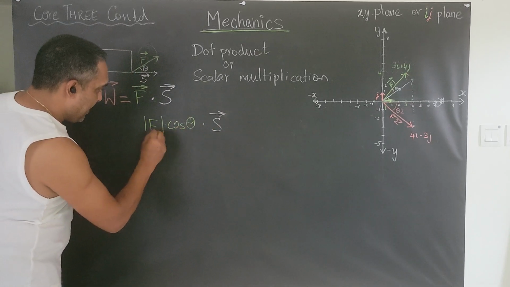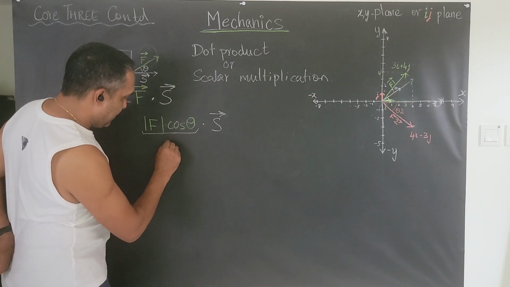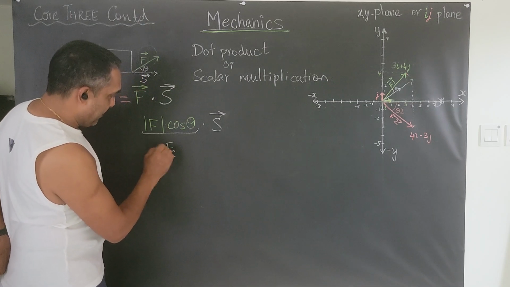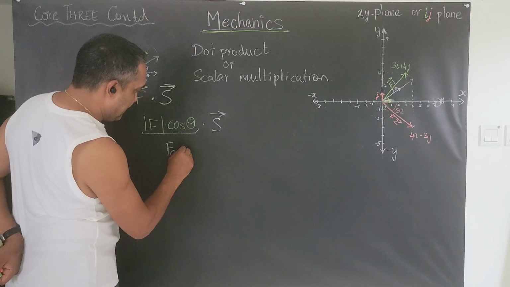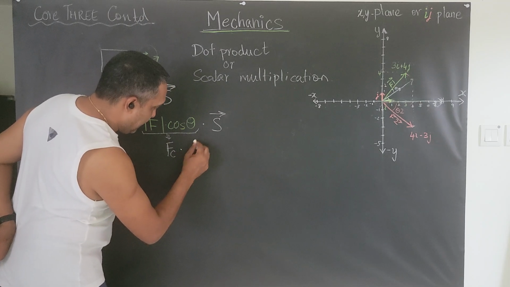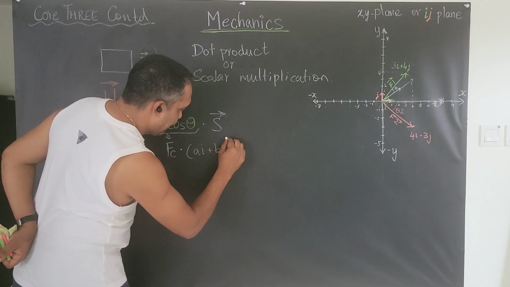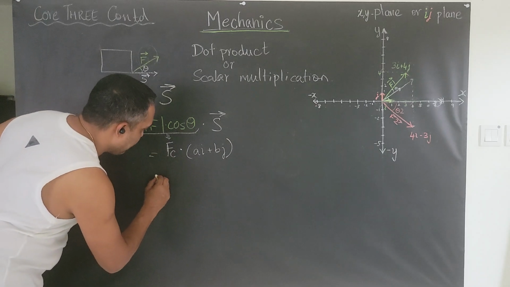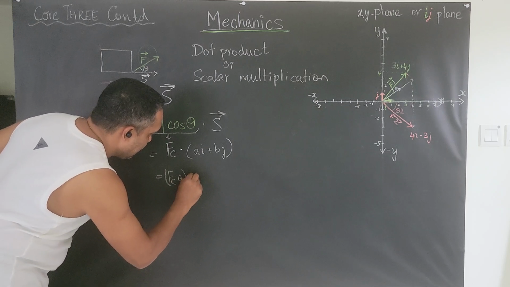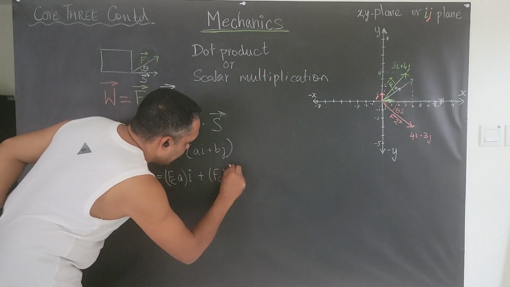So it's like saying, I now will write this, which is nothing but a component of f, so I'm going to call this fc, which is a scalar value, and I'm going to multiply this component by the s vector, whatever is this s vector, ai plus bj, which would just mean my new vector would be this component times a i plus this component times b j.